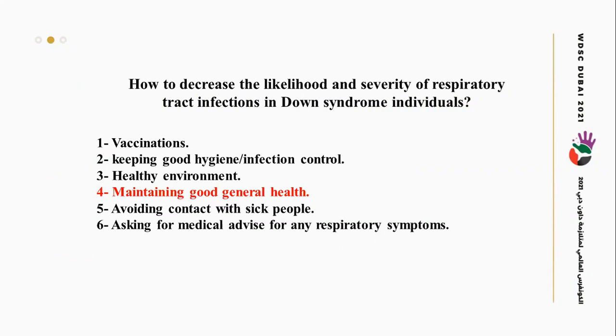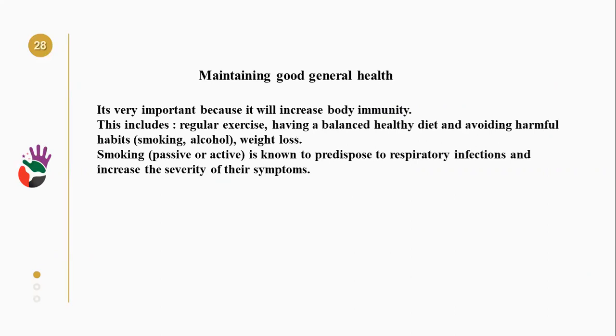The fourth step is maintaining good general health. It's very important to keep good general health for Down syndrome individuals, because it will increase the body immunity and make it easier to fight the infections.